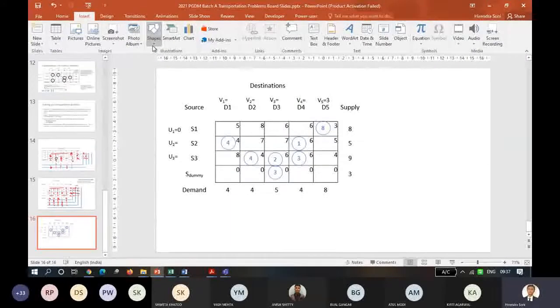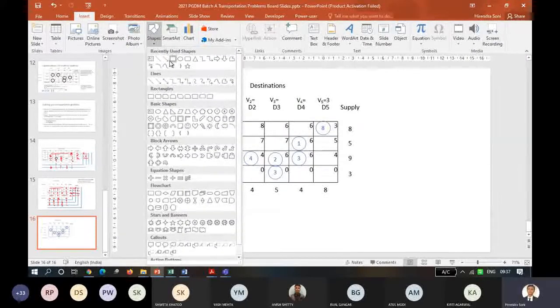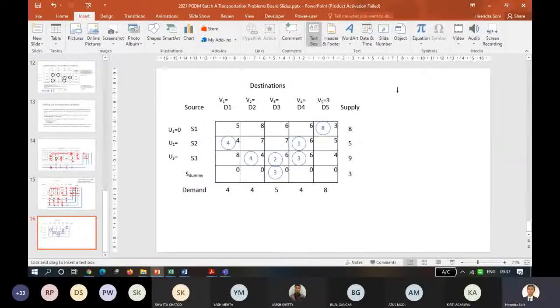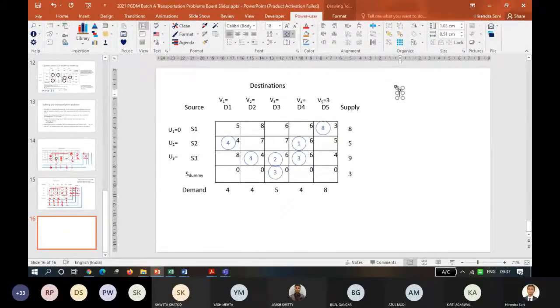A solution is said to be degenerate if the number of allocations is less than m plus n minus 1.